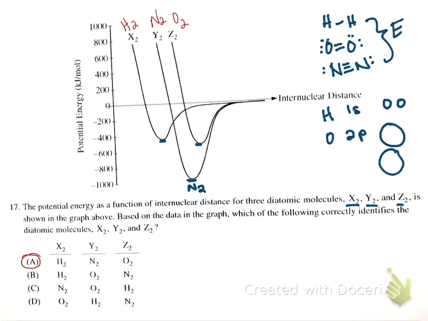So the other factor in these graphs we have to look for is that internuclear distance, right? So it's not just single, double, but also their size.